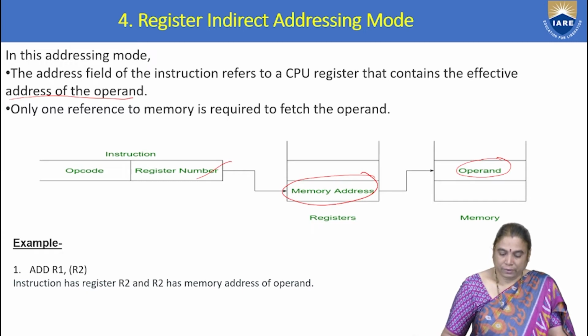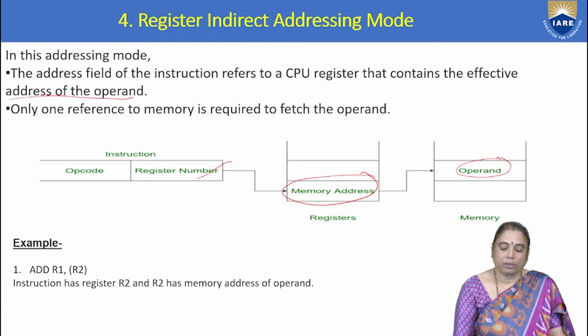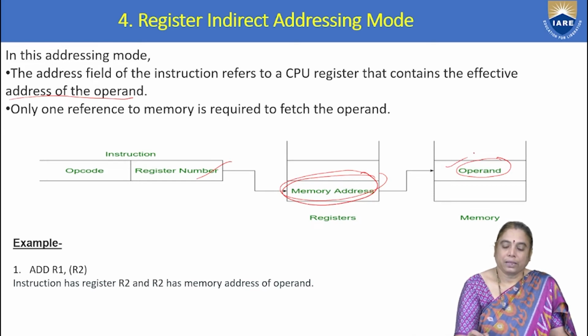In the previous case, the data was available in the specified register itself. But in the case of register indirect addressing mode, it refers to the register where the memory address of the operand is located. So the system has to refer to the memory location to fetch the operand. That's why it is named register indirect addressing mode. How do we represent this?